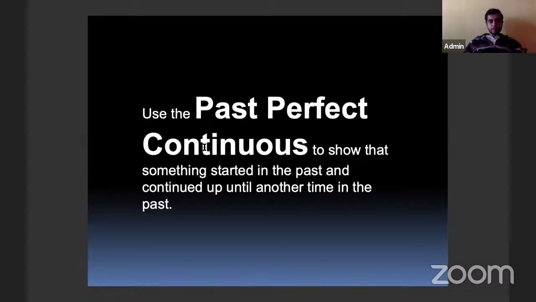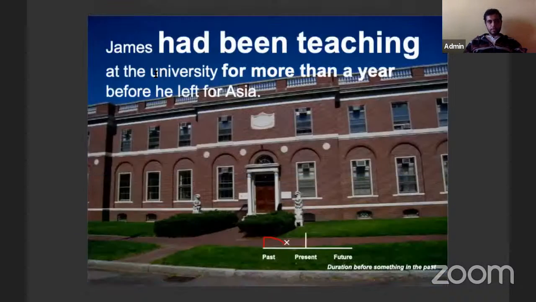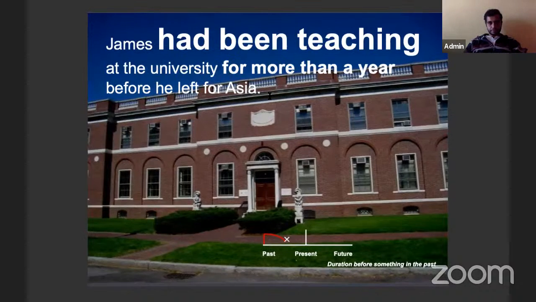Now, past perfect continuous. Past perfect continuous means something started in the past, continued in the past until some time. Okay, John had been teaching, started in the past, continued in the past for more than a year before he left for Asia. So everything happened in the past, but it happened for some time. So past perfect continuous.